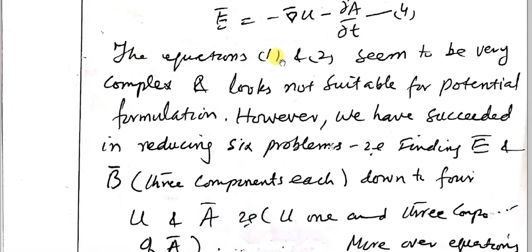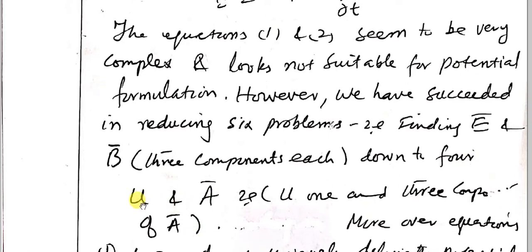Equations 1 and 2 seem very complex and not suitable for potential formulation. However, we have succeeded in reducing the 6 problems, that is finding E and B, 3 components each, Ex, Ey, Ez, Bx, By, Bz, down to 4 components, that is U, 1 component, and A, Ax, Ay, Az, 3 components.